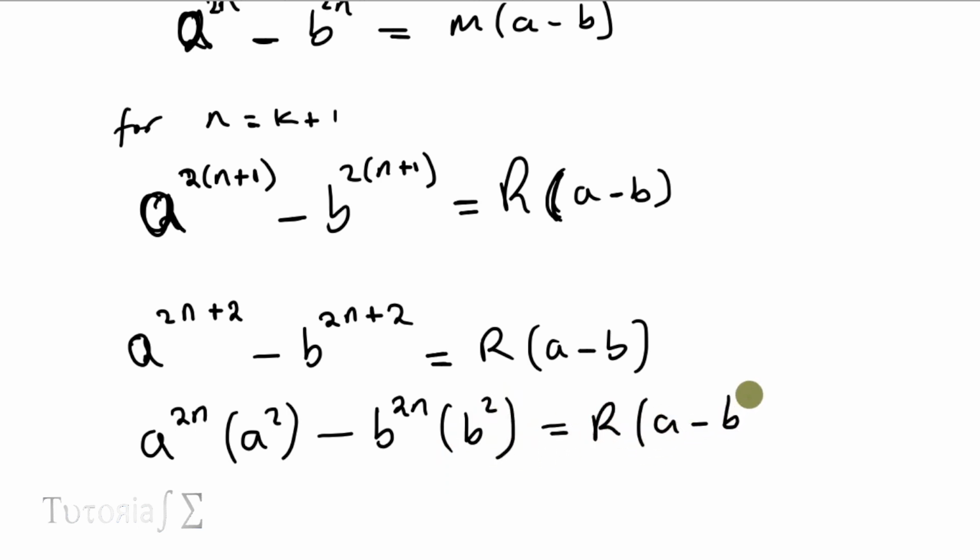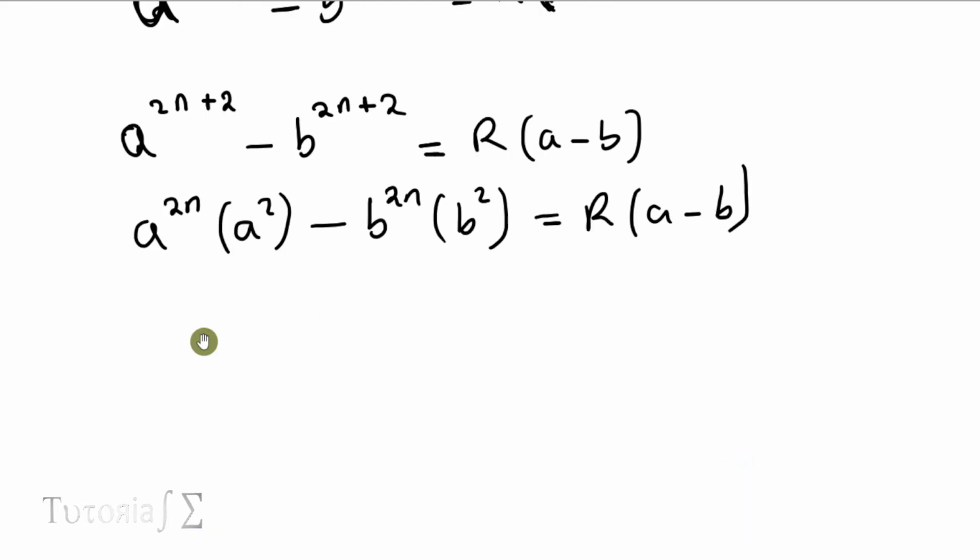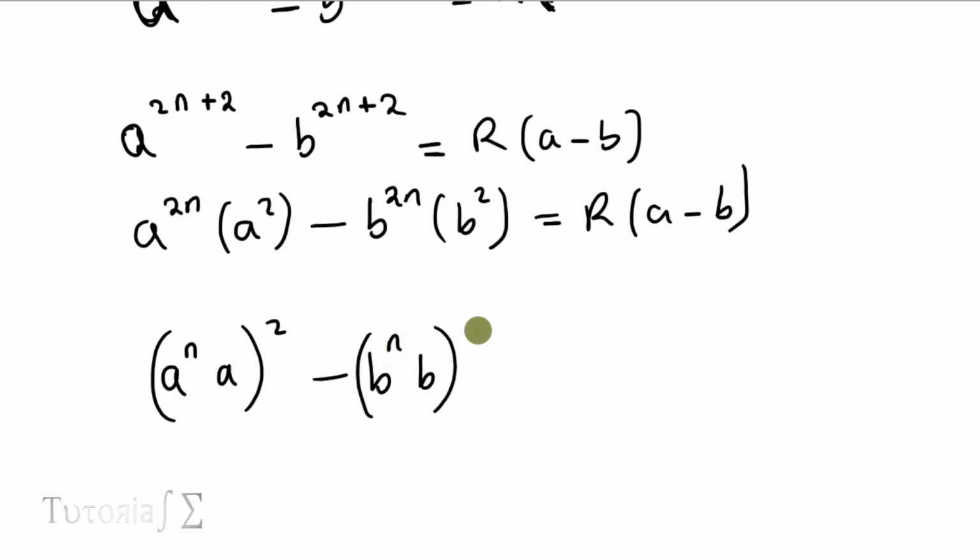A minus b, like that, of which this can also be written as a raised to the power n times a, then everything squared, minus b raised to the power n times b, then everything squared. And this is equal to r(a minus b).